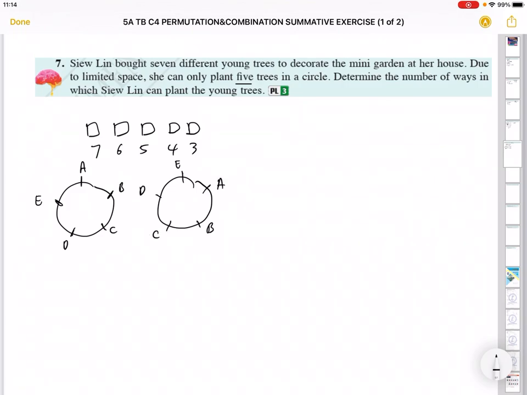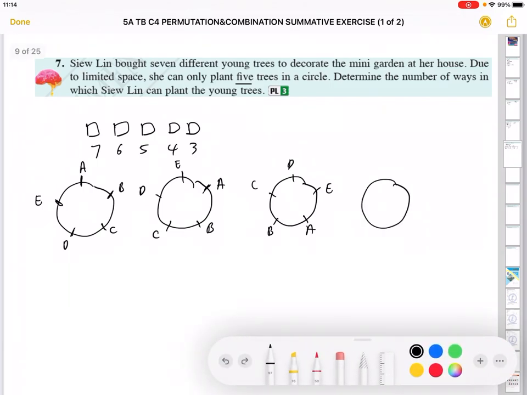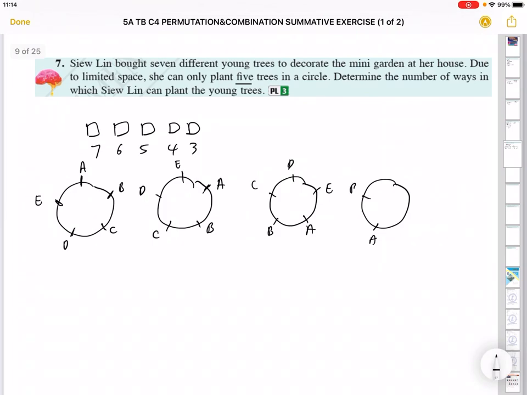Now I can start my A on the first position, I can start on the second position, then I can also put it here. So it goes A, B, C, D, E. Then the next one I can put it over here, A, B, C, D, E. And the last one is A, B, C, D, E.